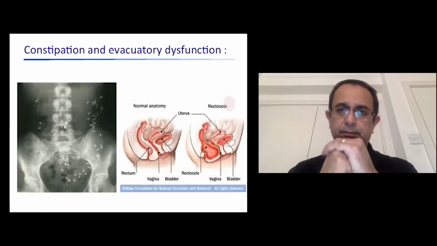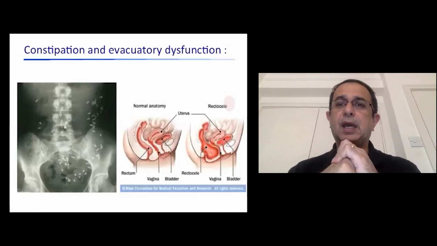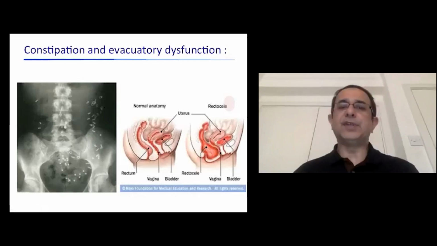And in rectal evacuatory dysfunction, we see some anatomical problems. On the left side of the picture is normal anatomy of the pelvic organs. You have the rectum, which meets the sigmoid colon just above, so it's like an S-shaped structure, and then it opens into the anal canal.